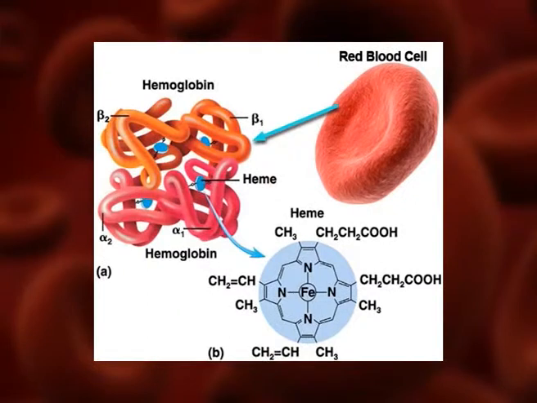Under normal physiological conditions, each hemoglobin subunit contains a heme moiety that binds to oxygen. A heme molecule consists of an organic component known as protoporphyrin 9 and a ferrous Fe2+ ion.